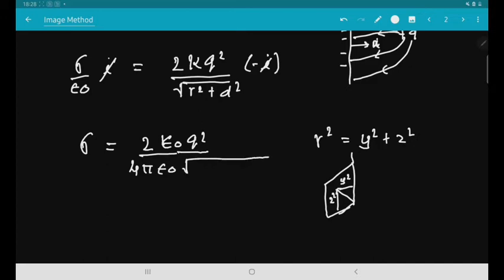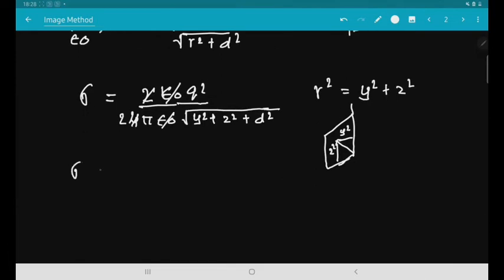It will be square root of y square plus z square plus d square. So we can cancel this. 2 epsilon naught will get cancelled, and sigma you will get as q square by 2 pi root of y square plus z square plus d square.